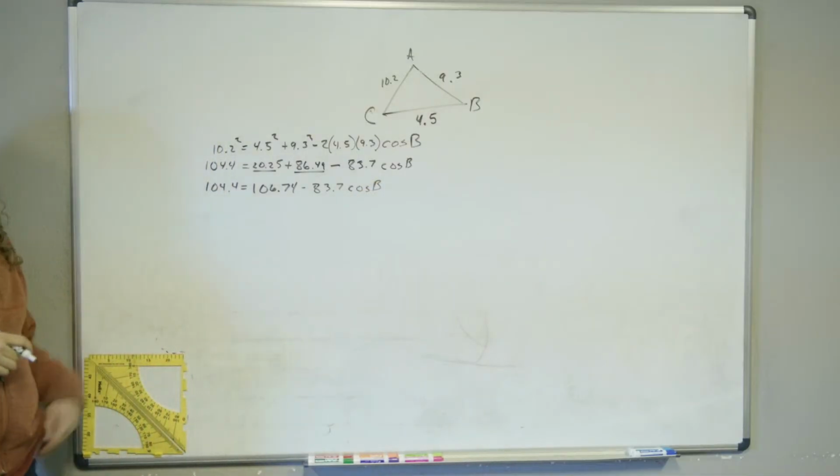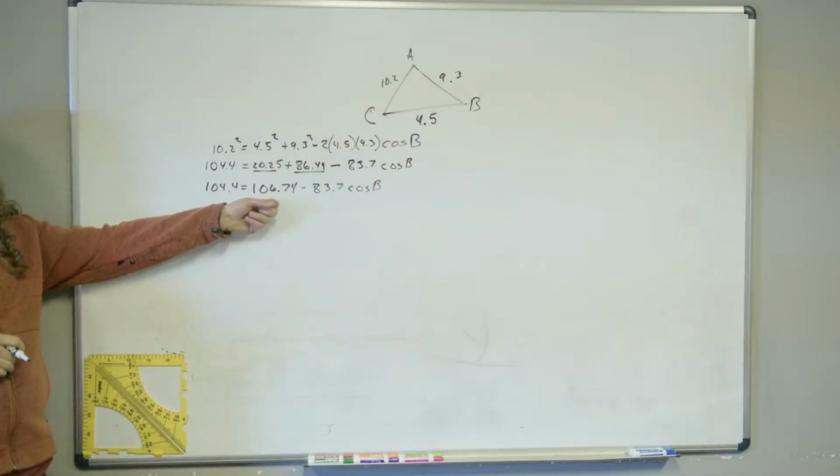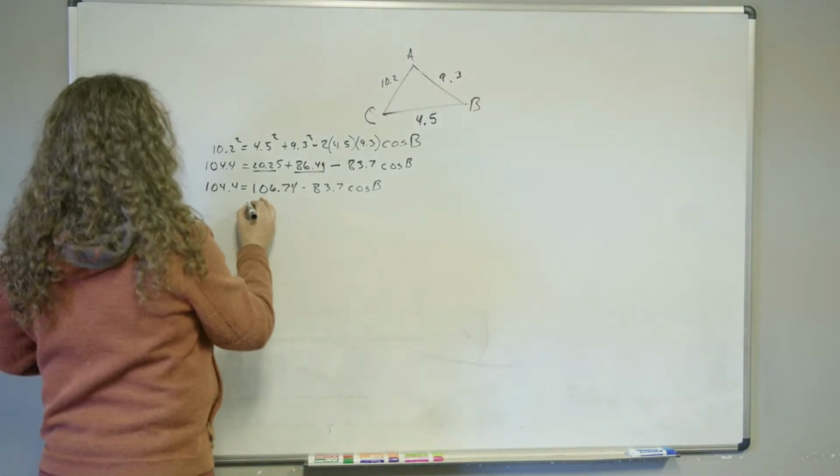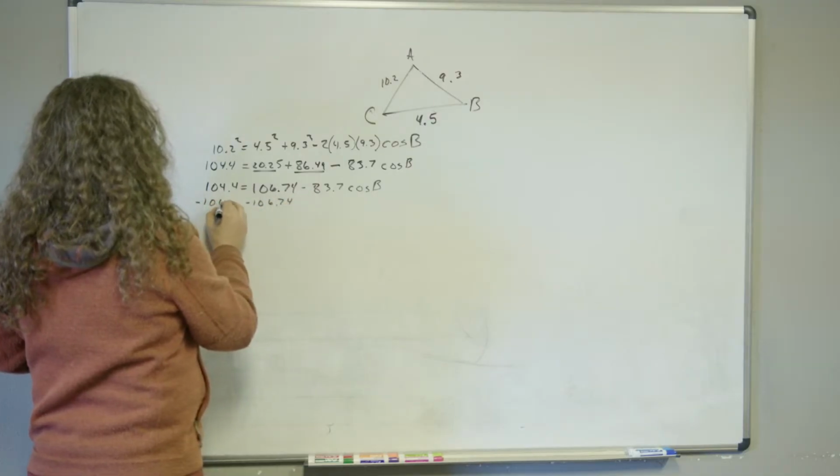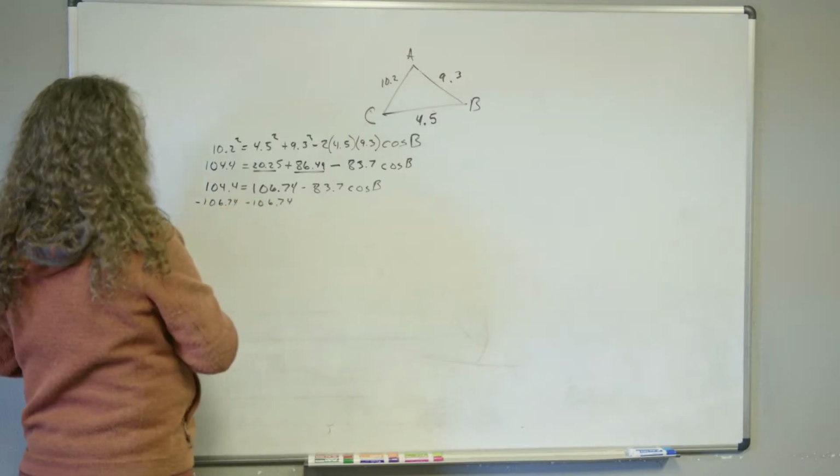So how do we get rid of this number? Subtract it. Minus 106.74, minus 106.74.